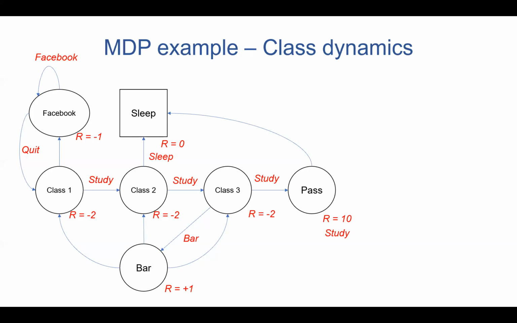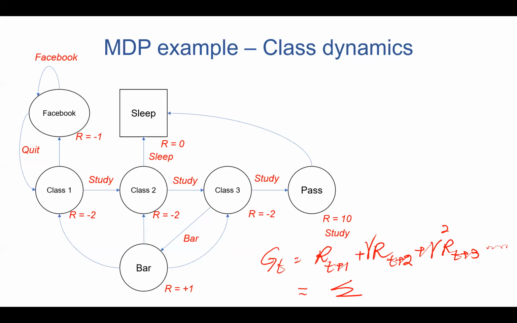And then we said that the maximum reward was R_{t+1} plus gamma R_{t+2} plus gamma squared R_{t+3}, etc. Look at this reward all the way in the future, and this formula basically was the sum of k equals 0 all the way to infinity of gamma^k R_{t+k+1}.